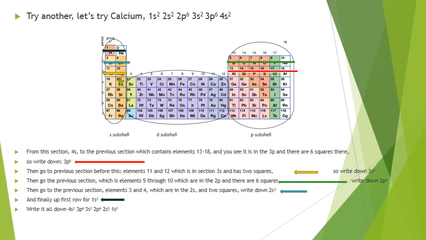So you find out where calcium is and write down its address. It's in row 4 in the s's, and it's 2 over, so it's 4s2. That's the first thing you do. You write down 4s2.